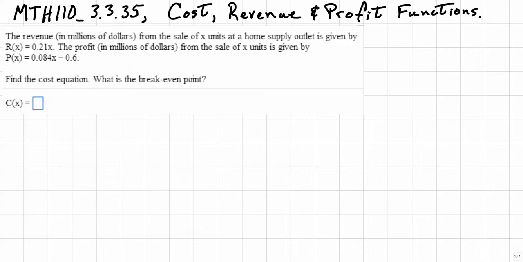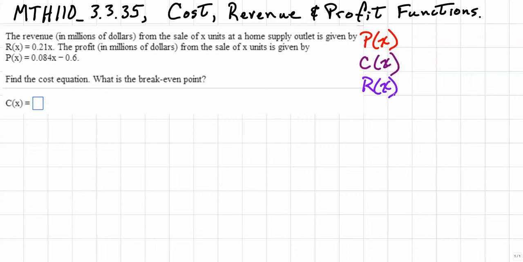First thing we need to remember is that when dealing with cost, revenue, and profit functions, there is a relationship. The profit function will be P of x, the cost function will be C of x, and the revenue function will be R of x.